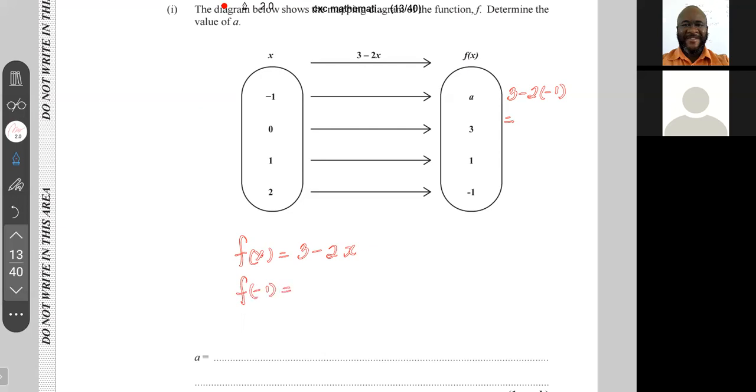Now, f of minus 1 is a. And in f, wherever you see x, you're going to put minus 1. So this is 3 minus 2 times minus 1. This is 3 plus 2, because a negative times a negative is a positive. And so this is equal to 5. So a is equal to 5.